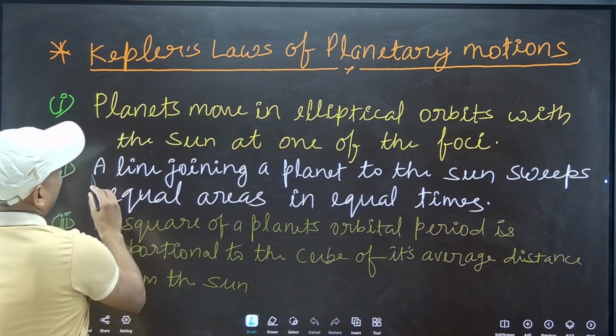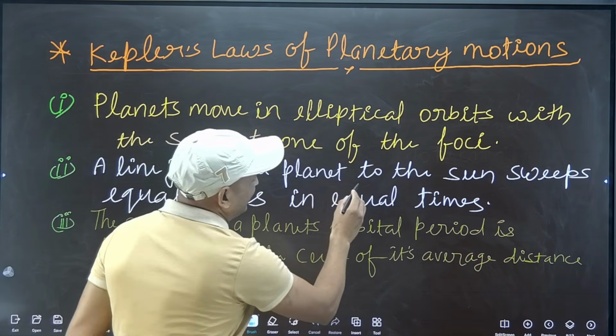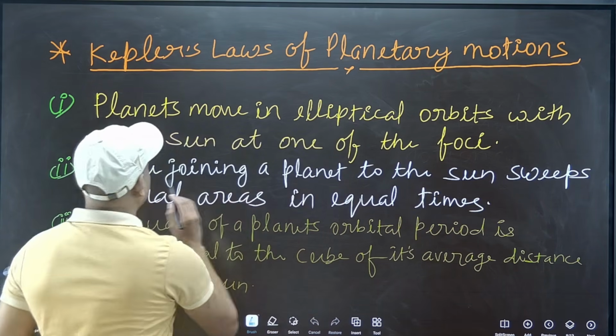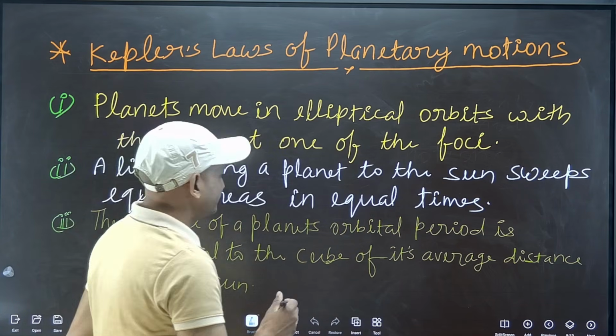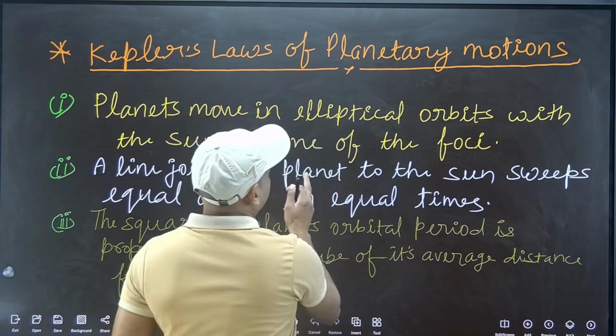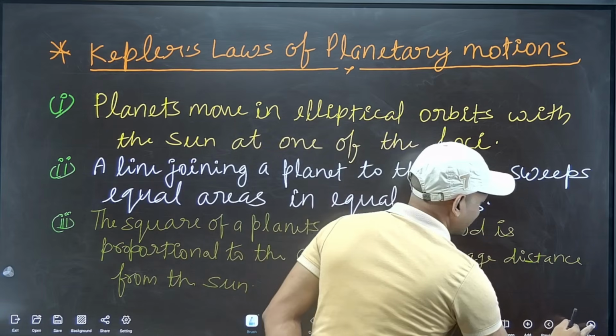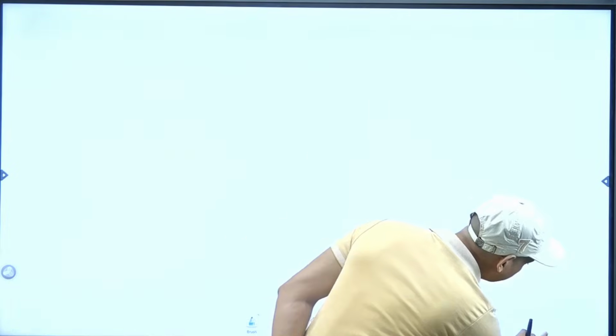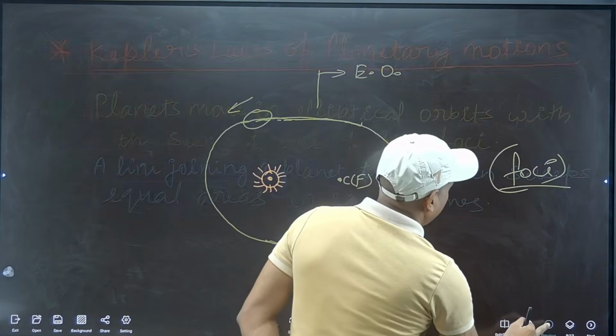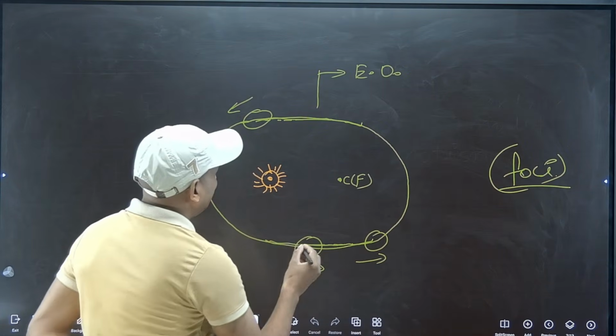The second law says a line joining a planet to the sun sweeps equal areas in equal times. Now just see, the line joining the planet to the sun.